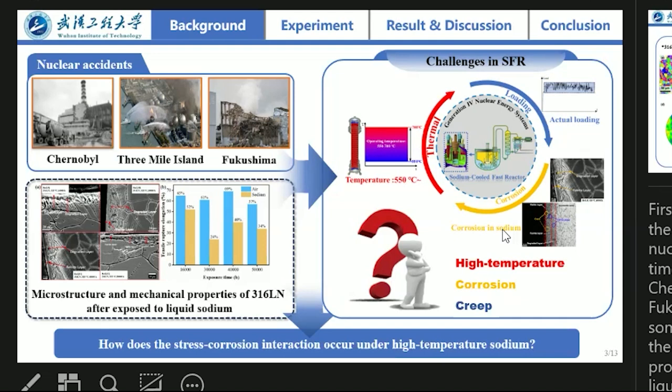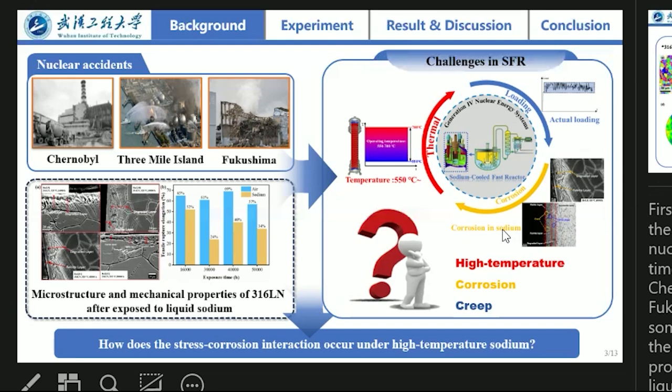Although some previous work has investigated the microstructure and mechanical properties of 316 stainless steel after exposure to liquid sodium, we should know that in a true nuclear system, liquid sodium is only one condition.